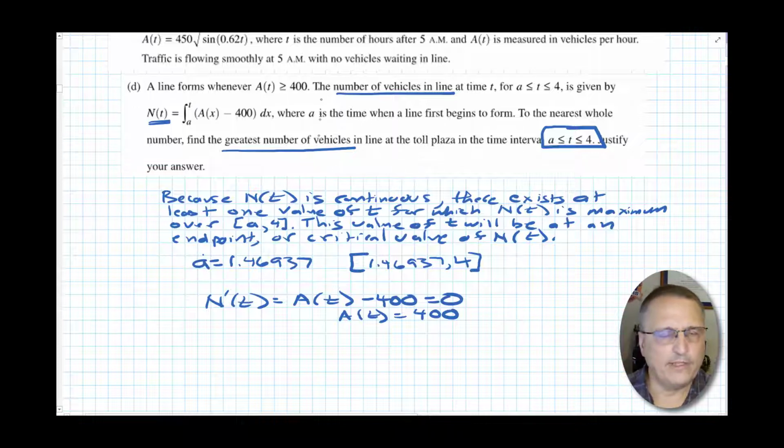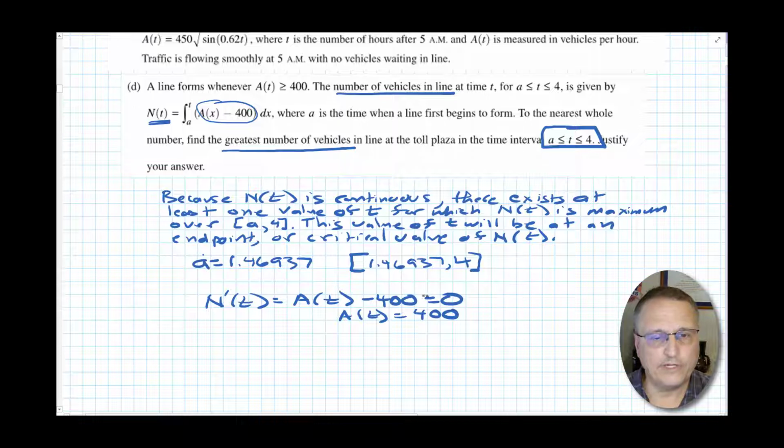One common mistake that students will probably make on this particular problem will be to consider this to be 0, like they're taking the derivative of 400. Actually, this entire function, because it's the integrand, is going to be the derivative. Once I take the derivative of n of t, it will wipe out that integral, and we have our n prime of t as a of t minus 400.